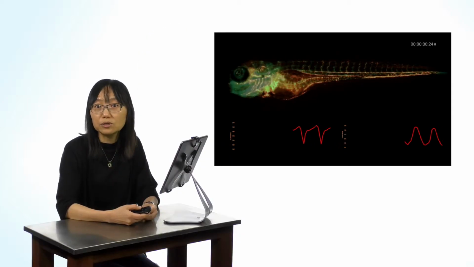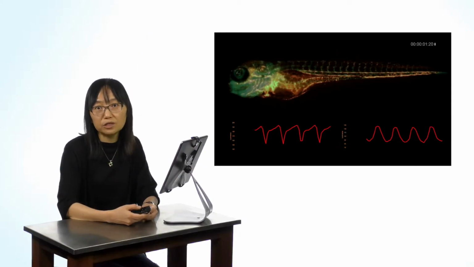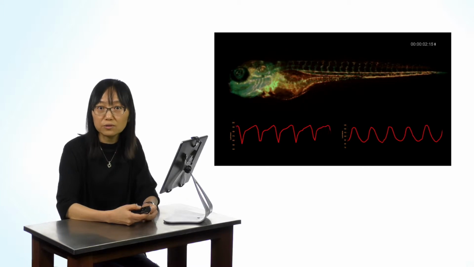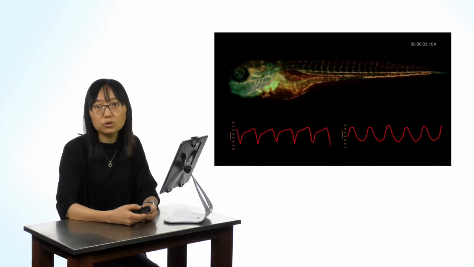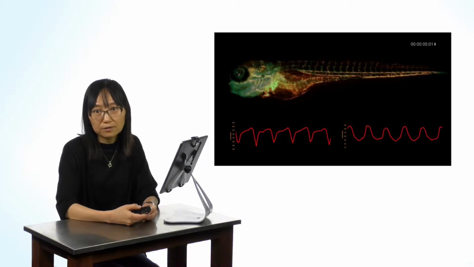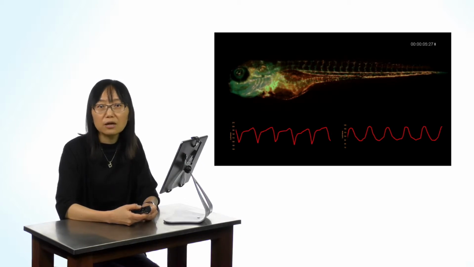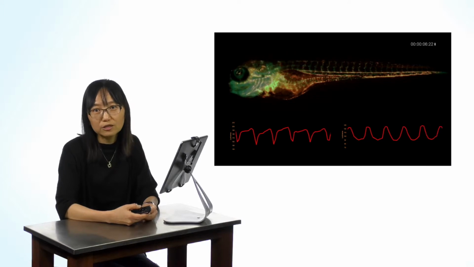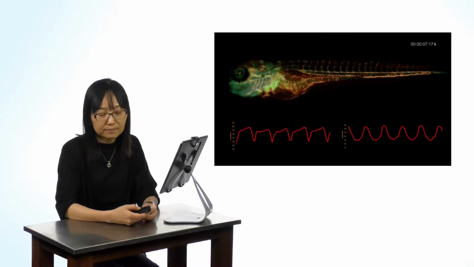In this movie, we show an embryo where we use KDRL promoter to drive GFP expression in all vessel cells and GETA promoter to drive the red fluorescent protein expression in blood cells. You can then monitor the heartbeat and blood circulation throughout the body.